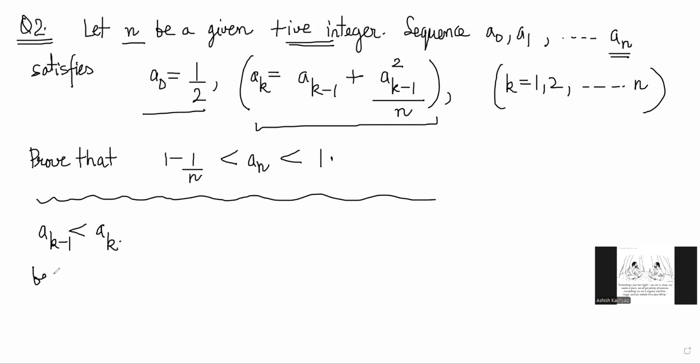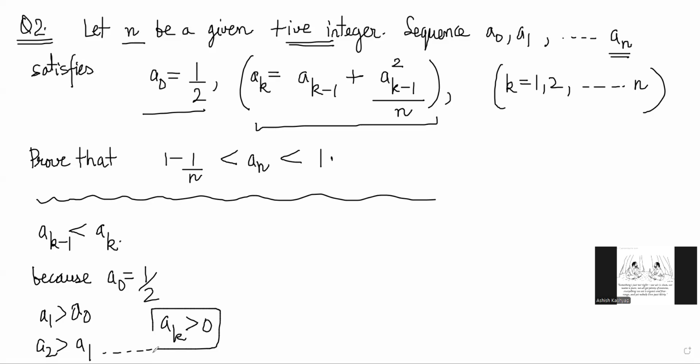And because A0 is half, the higher term A1 is bigger than A0 and A2 is bigger than A1. Therefore, we can say that all the terms are positive, because you start off with half, so every term is going to be bigger than that after. I hope you follow what I'm saying right now.